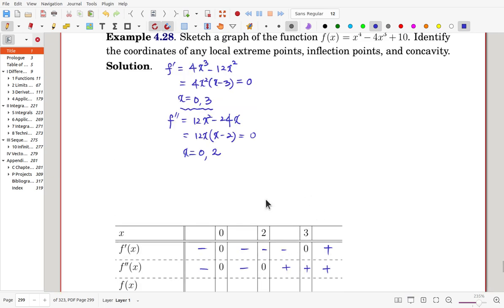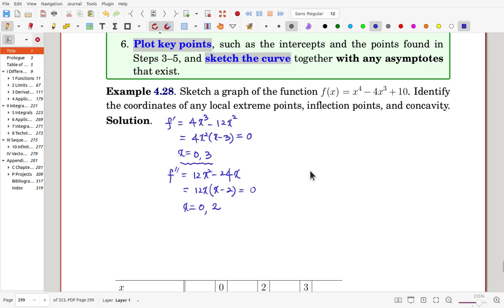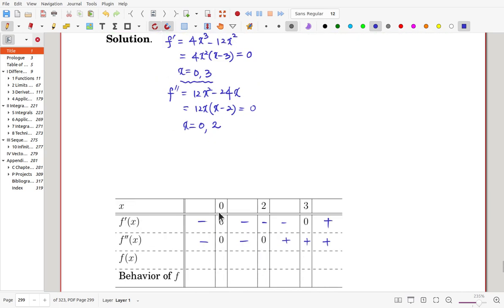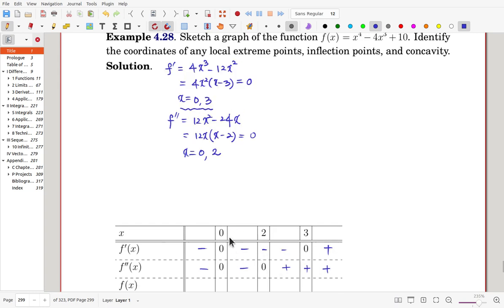Now we can find the key points, here 0, 2 and 3. Let's find the value of f at 0, 2, and 3. Once x equals 0, we can easily see that the function value is 10.